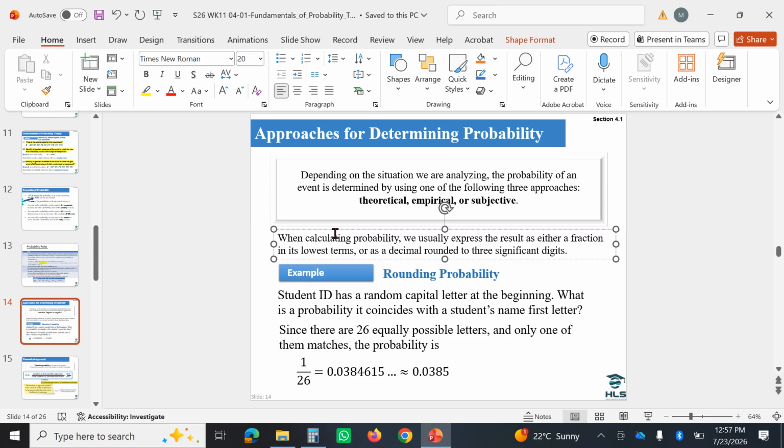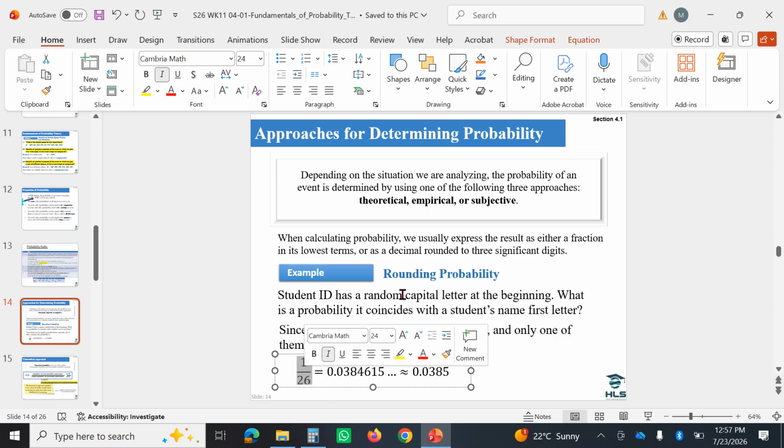Rounding probability. A student ID has a random capital letter at the beginning. What is the probability it coincides with the first letter of the student's name? Since there are 26 equally possible letters, A, B, C, D, all the way to Z, and only one of them matches, it's 1 divided by 26.